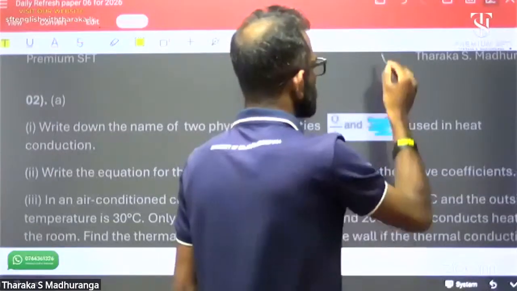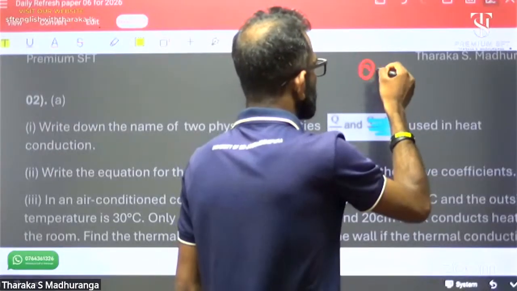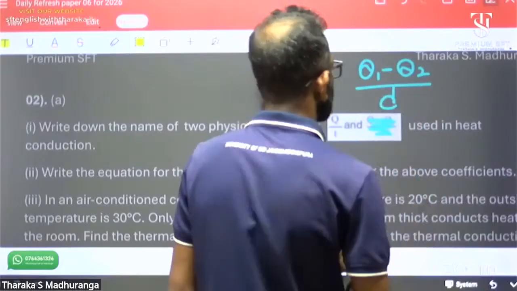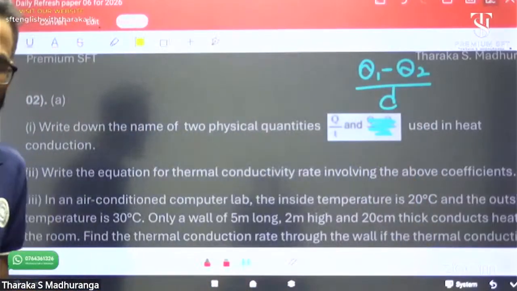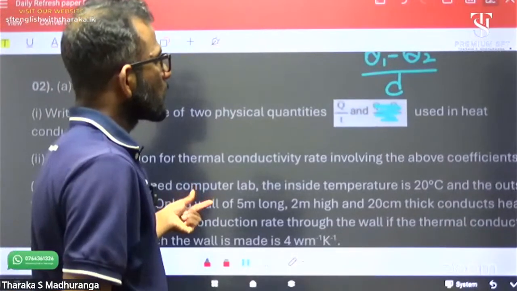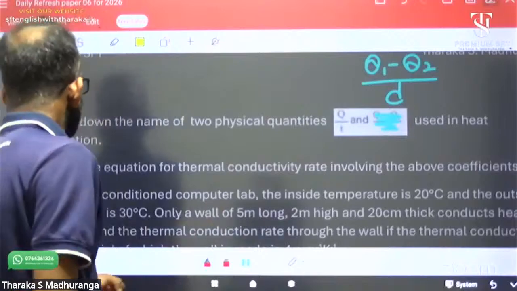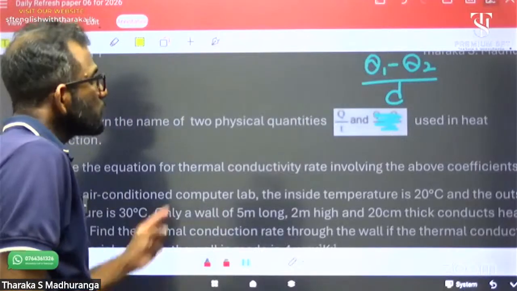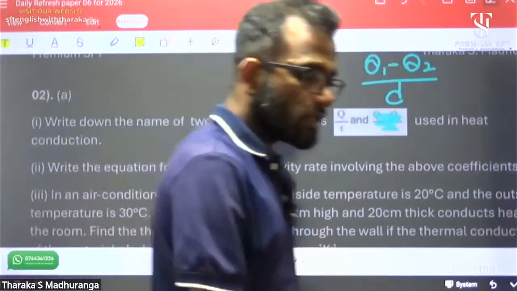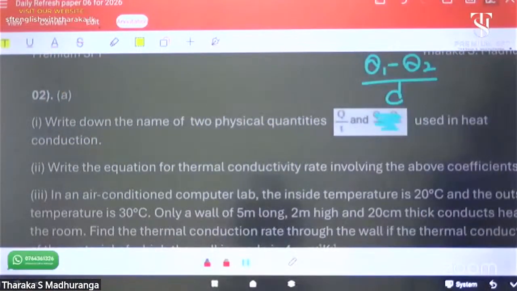What's the meaning of Q over T? Now I will explain.